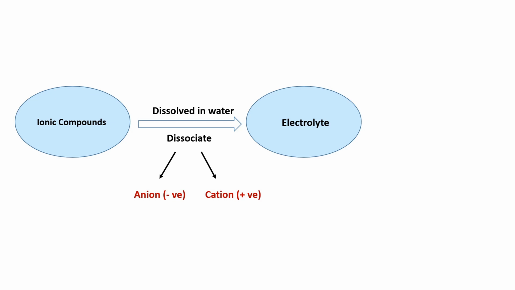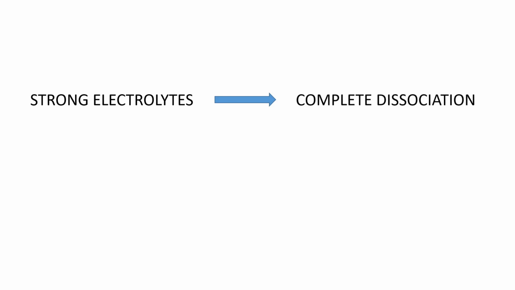Now, electrolytes are basically of two types. One is strong electrolytes and the other is weak electrolytes. Let's understand what strong electrolytes are. The ionic compounds which get completely dissociated are known as strong electrolytes.